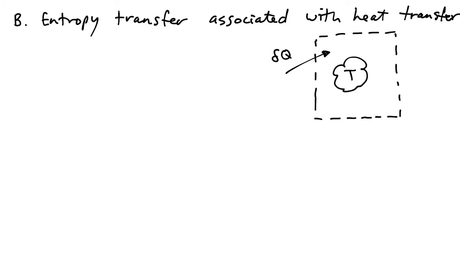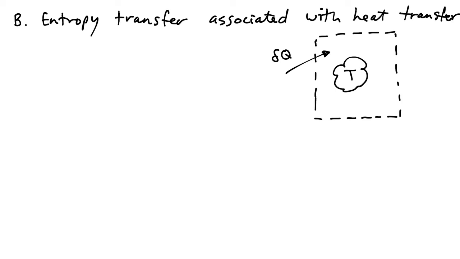The next thing that we're going to look at is the entropy transfer associated with heat transfer. To do this, we've just defined a system and a control volume that's sitting at a certain temperature, and we have the transfer of heat only. We'll assume for this case it's only heat, and there's no work being done.